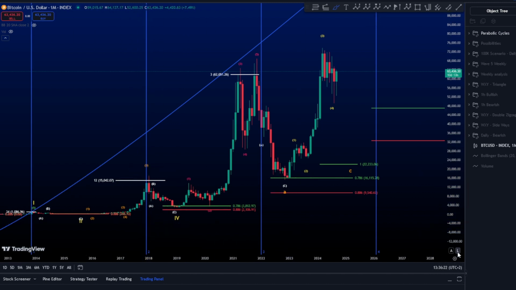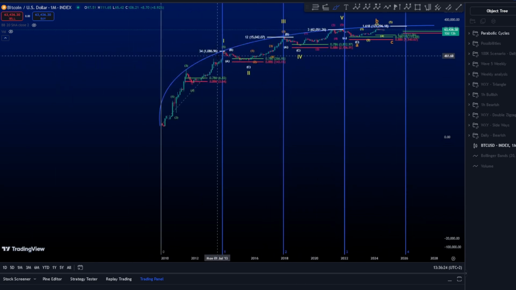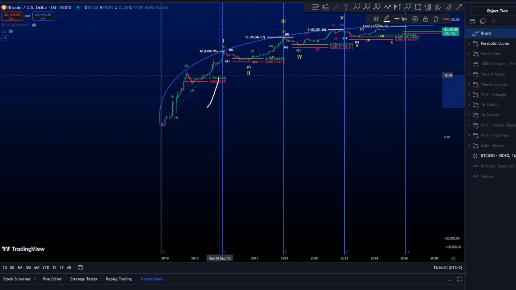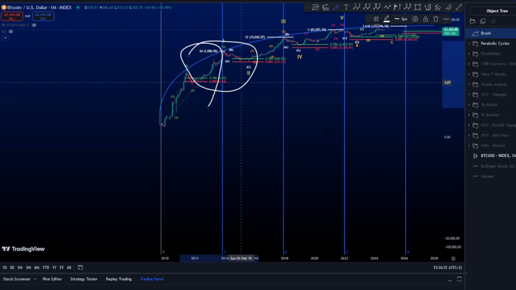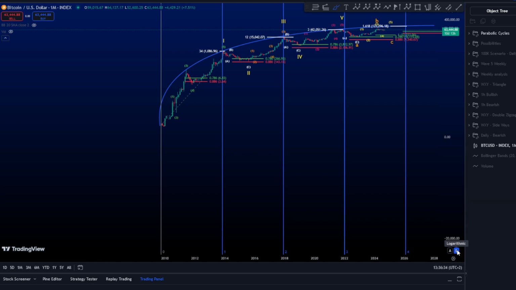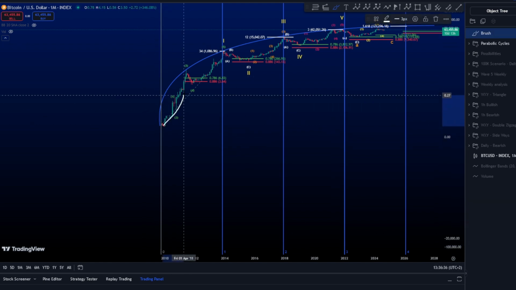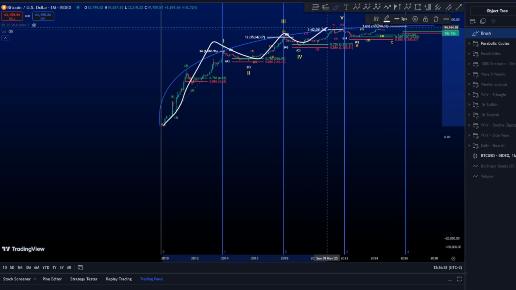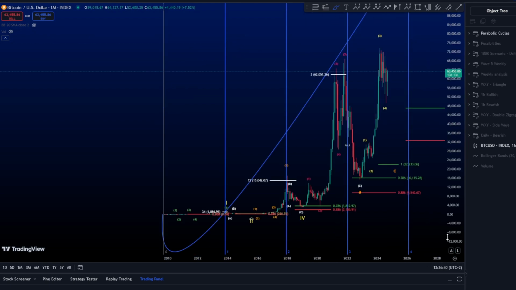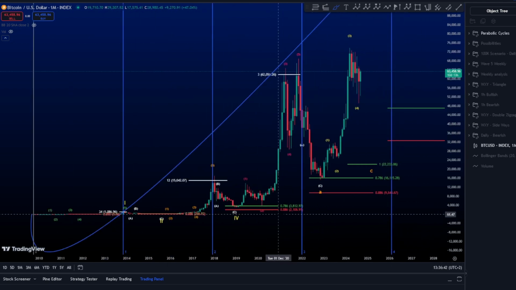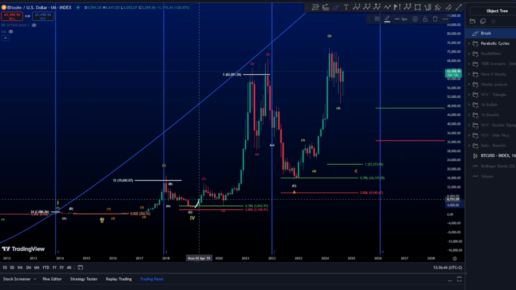If you set your logarithmic, you can see that this part that I highlighted here was somewhere here. And it shows what it is exactly: this kind of 1, 2, 3, 4, 5 finished impulse towards the upside. So as you can see, it is much clearer here.